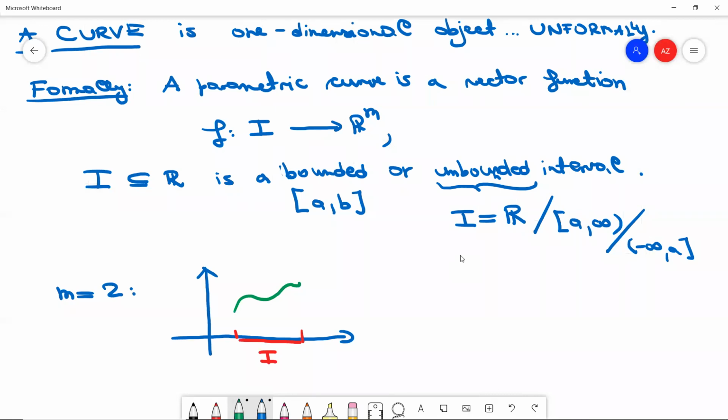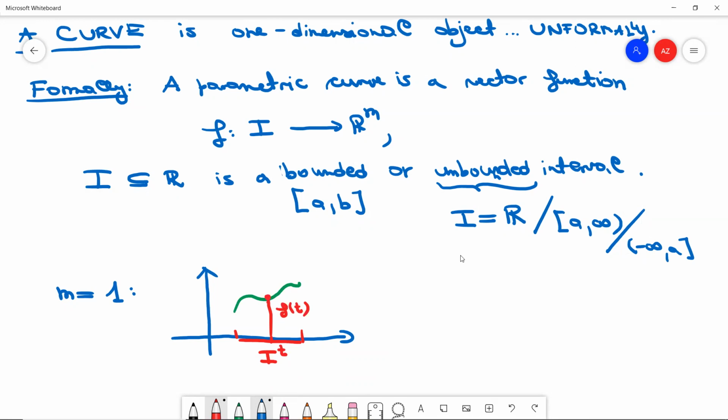In fact, I wrote a picture. This was not a picture for m equal to 2. This was a picture for m equal to 1. Because for every t, I prescribe the value of f of t. So this is t, and f of t is some value.